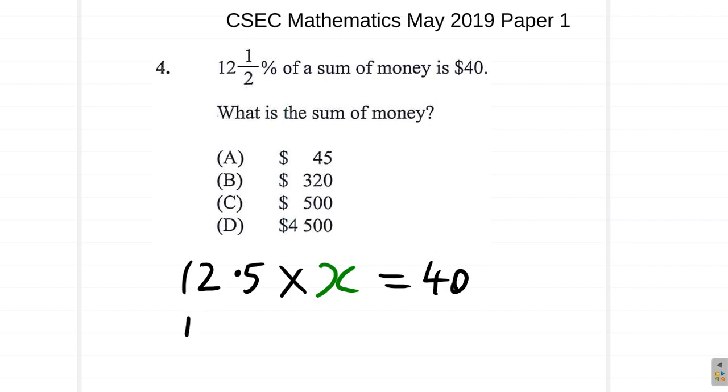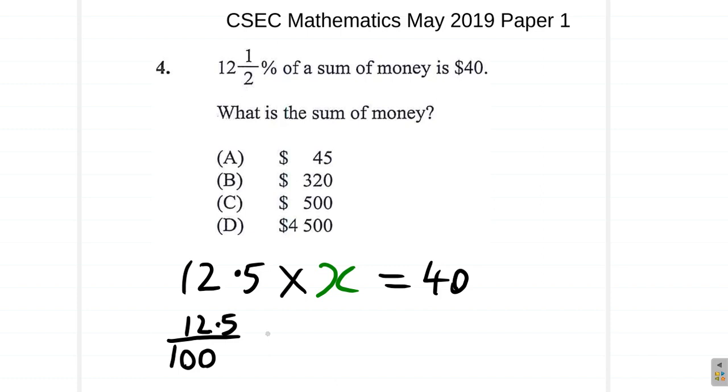Now, this means 12.5 per, which means out of. Out of what? Cent. Cent means 100. I think it is an old Latin word, or is a Latin word, whether it's old or new, meaning 100.